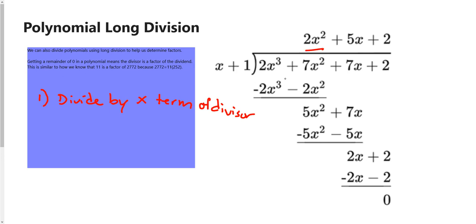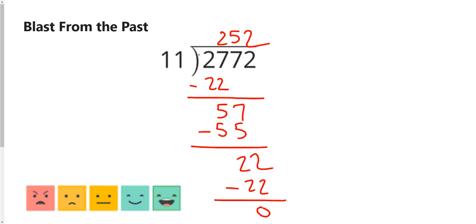Now, where does the next line come from? If you recall, in this problem here, we then had to multiply that first digit of 2 by 11, and that gets us the 22.